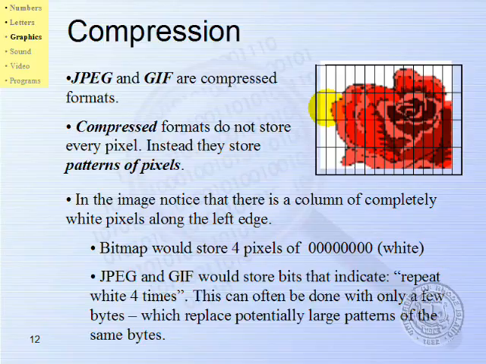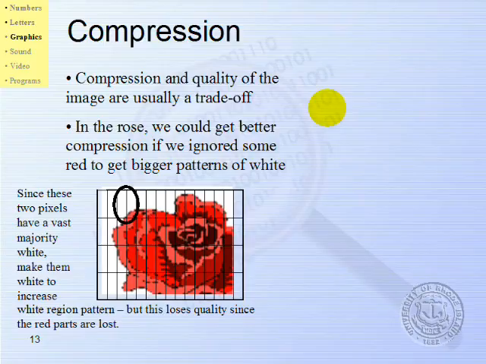With that, substantial compression can be achieved by the digital camera recording the patterns of the pixel colors instead of every pixel. The amount of compression that JPEG and GIF can achieve and the quality of the image that they store are often a trade-off.